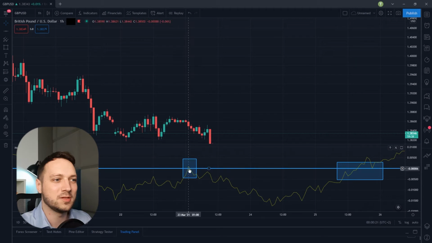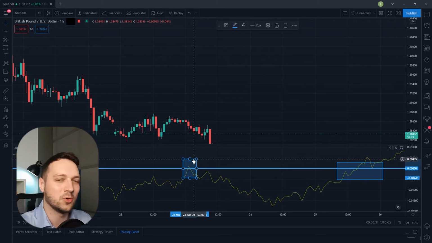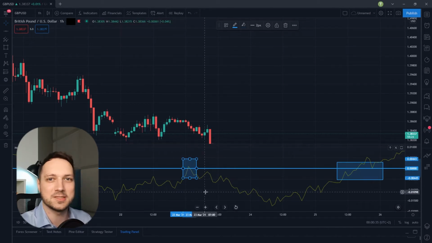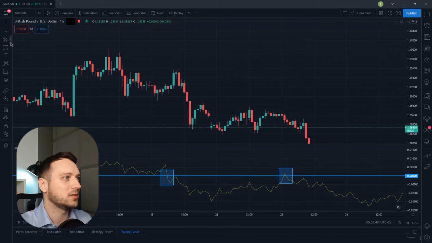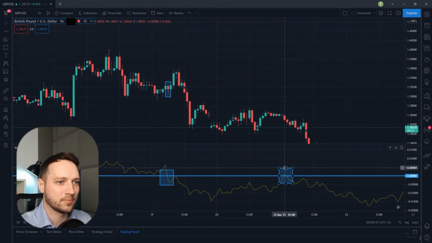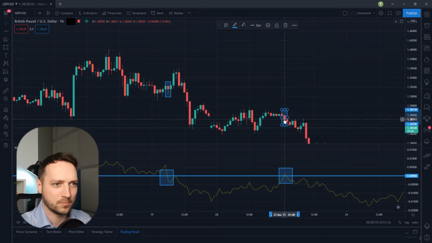I would rather be exiting if I would see something like this, not a clear move from the oscillator. I don't know if I would hold the position up to here, but yeah, for example, let's assume that we could exit here. So, okay, this would be our entry candle, and this would be our exit candle.